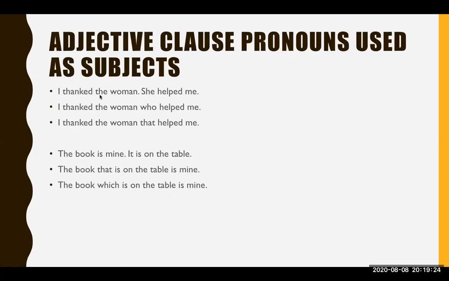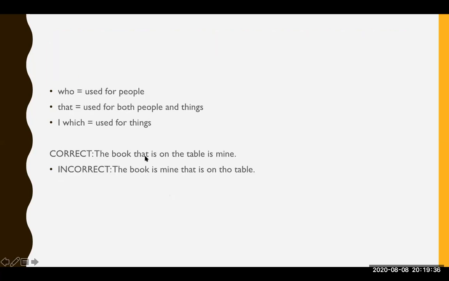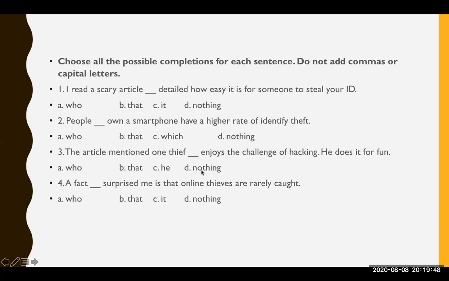So in sentence number one, we say the woman, and soon after, you want to describe the woman: the woman who, the woman that, the book that, the book which. So here you say "the book that is on the table," "which is on the table." You don't say "the book is mine that is on the table." It's incorrect, because the adjectival clause has to come soon after the noun it describes.